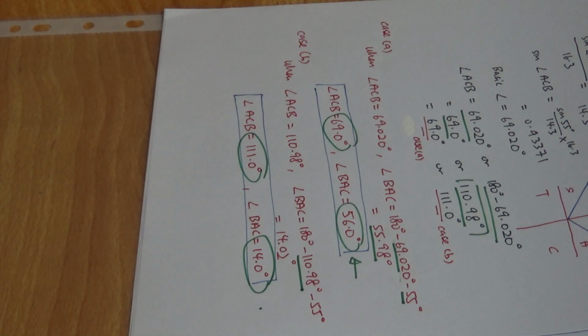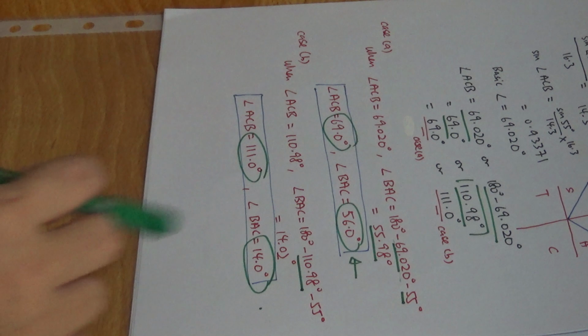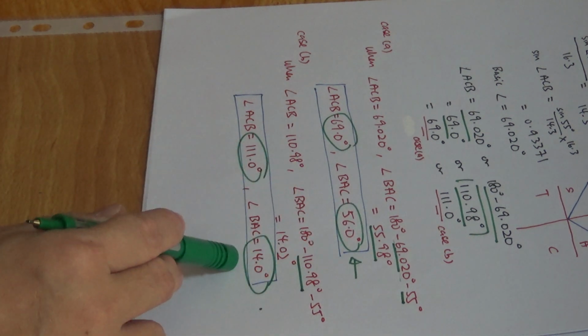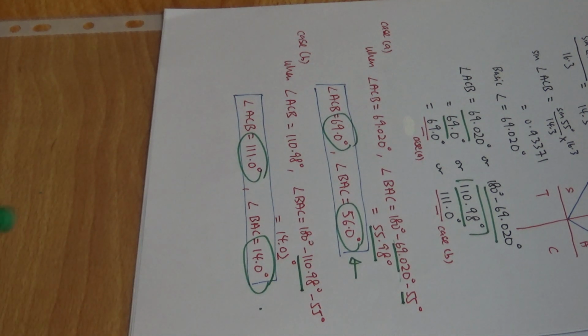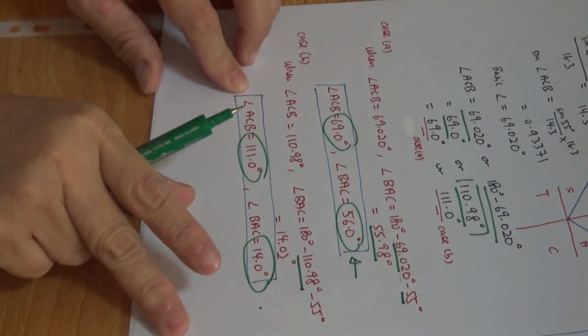Can you see that if there are two answers to angle BAC, then for the next part, finding the length of BC, there will also be two answers, because there are two possible answers for angle C itself. So what are we supposed to do?